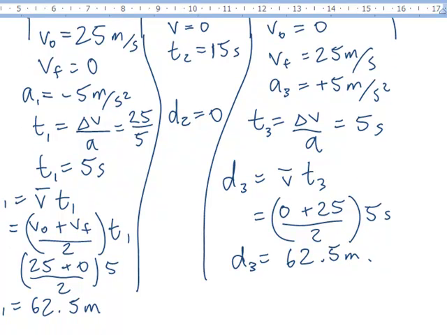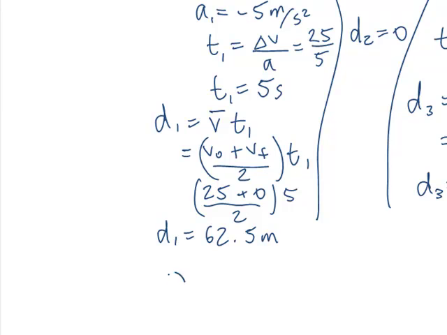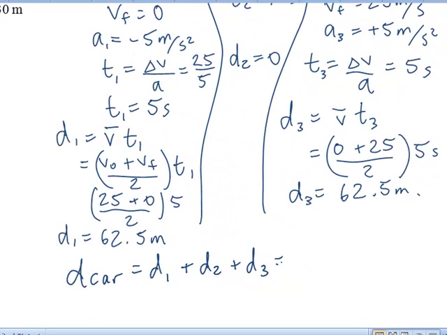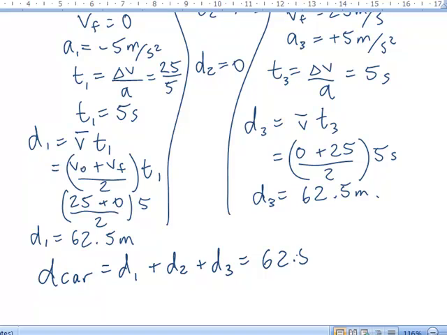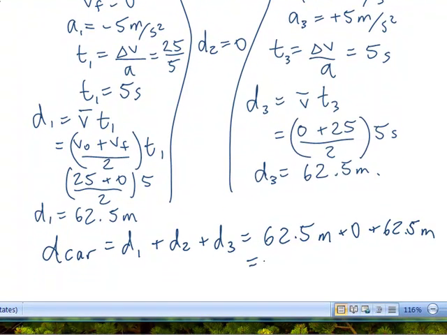So the total distance that the car travels, d car, is equal to d1 plus d2 plus d3, which is equal to 62.5 plus 0 plus 62.5. So that equals 125 meters. That's how far the car travels.